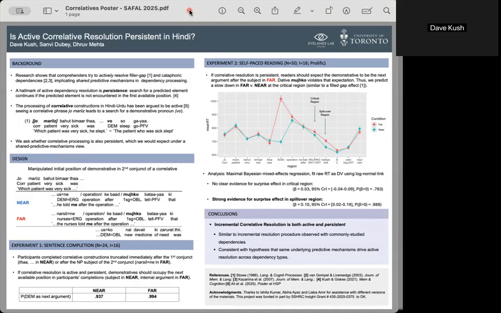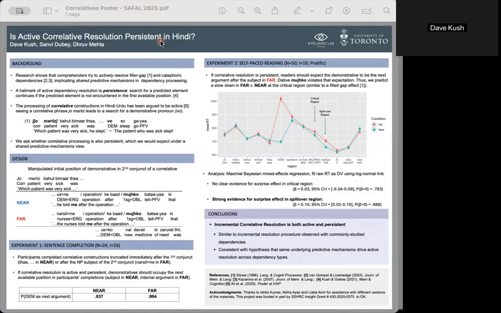In earlier work, we asked whether the processing of correlative constructions in Hindi-Urdu was active. Just to give you a quick background on what correlative constructions are, correlatives are a species of relative clause construction featuring non-local modification.